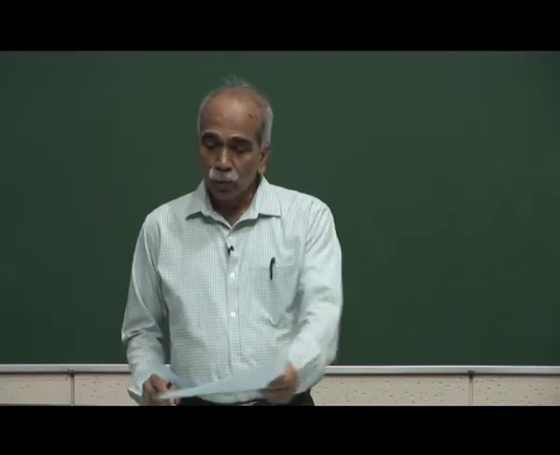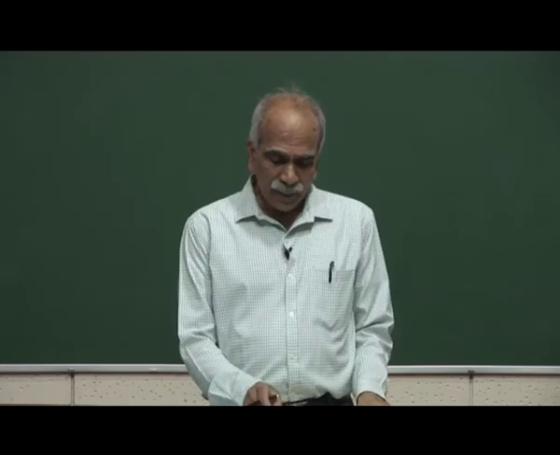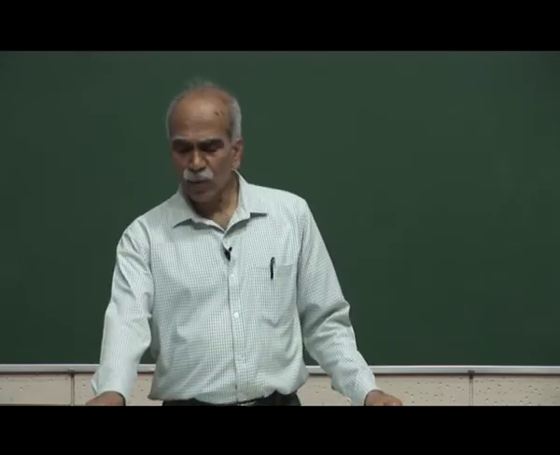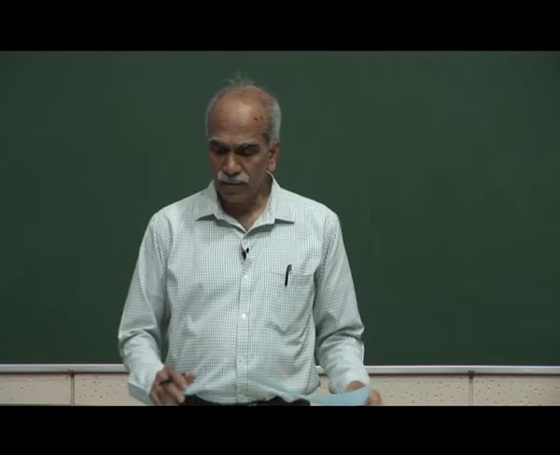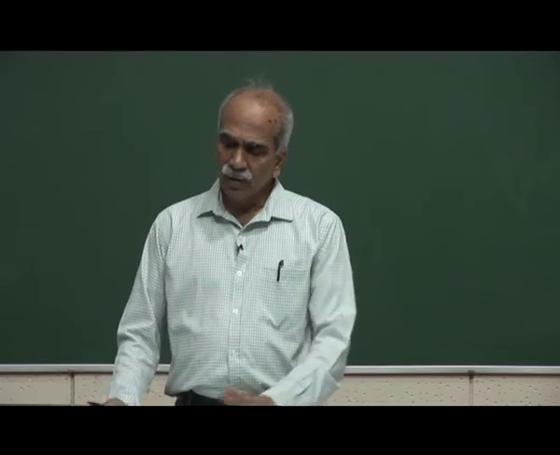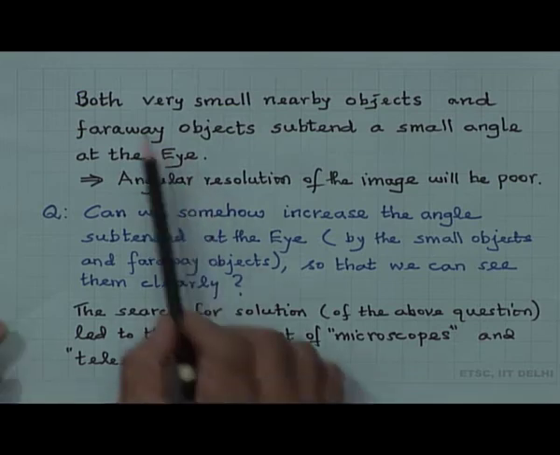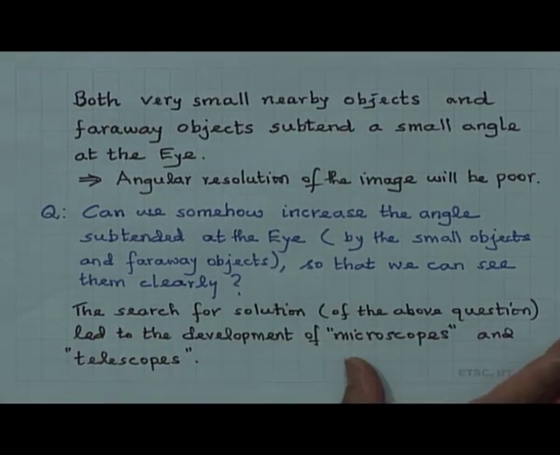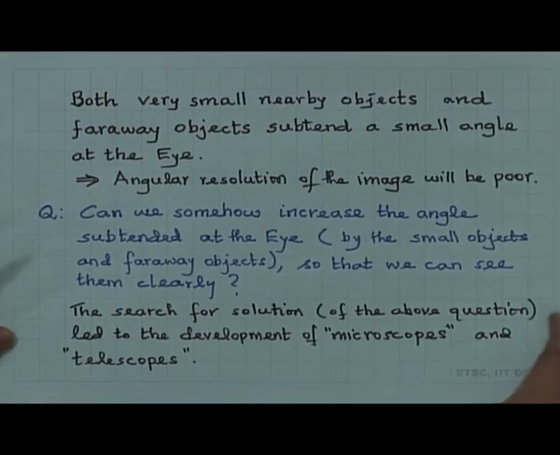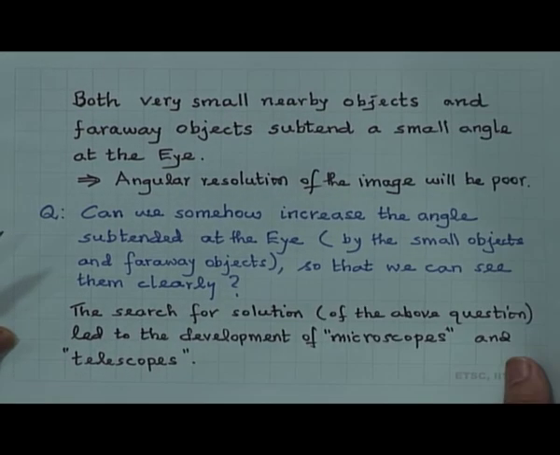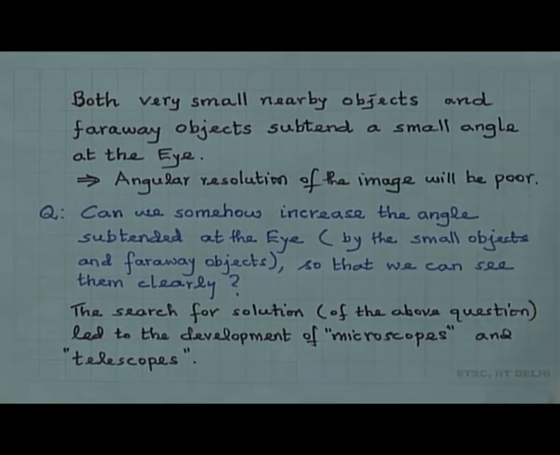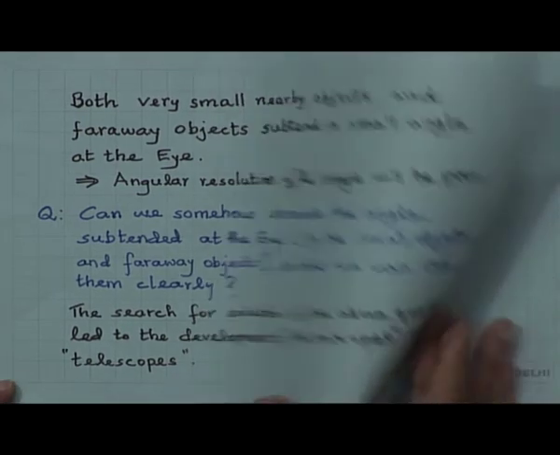Now, both very small objects which are nearby will also subtend very small angles. So, what I have shown is that large objects like the sun or moon, celestial bodies which are far away, also subtend very small angles.